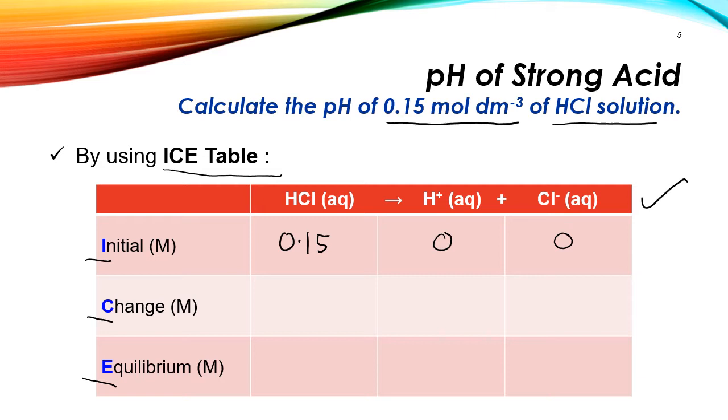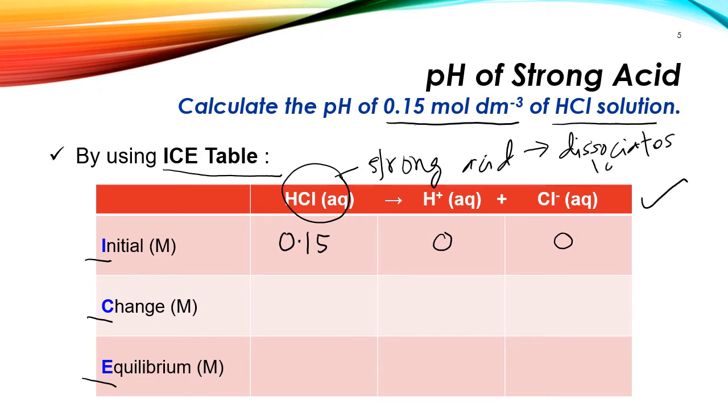But the question is how much of the HCl has dissociated during the reaction. Remember that HCl is a strong acid. The strong acid dissociates completely, or 100%, which means after the reaction, there is no more strong acid left, but it is completely dissociated to form its ions.